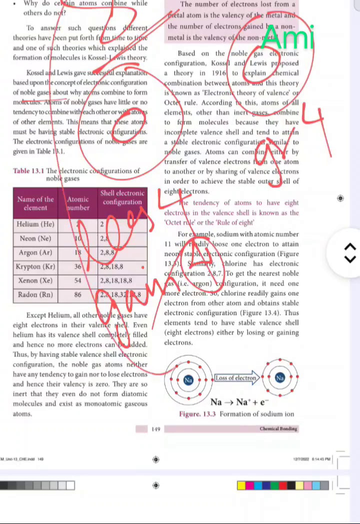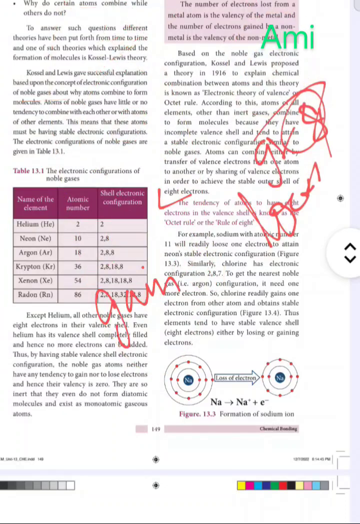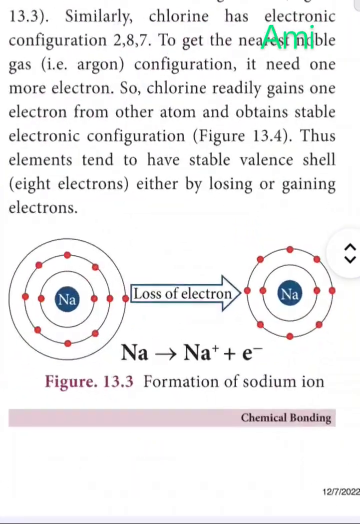To complete the octet rule, where the valence electrons are fewer, there is a gain of electrons. Where the valence electrons are more than 8, there is a loss of electrons in order to make it 8 and complete the octet rule. You will understand this more clearly with examples.